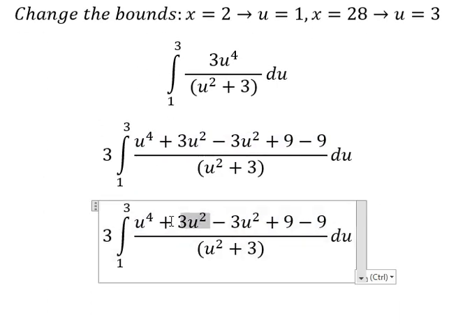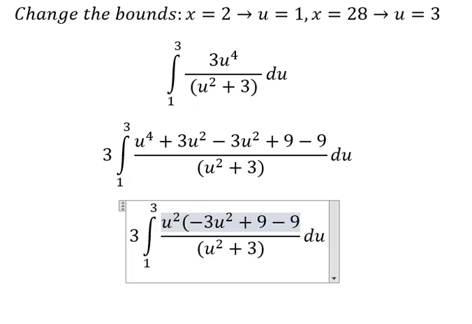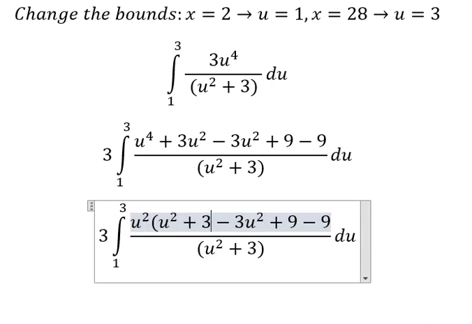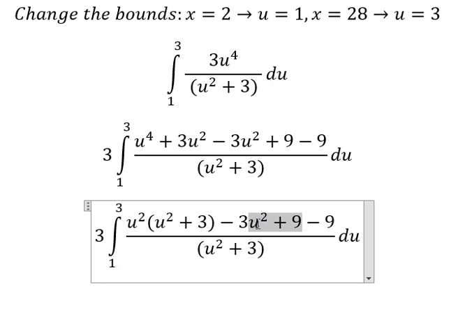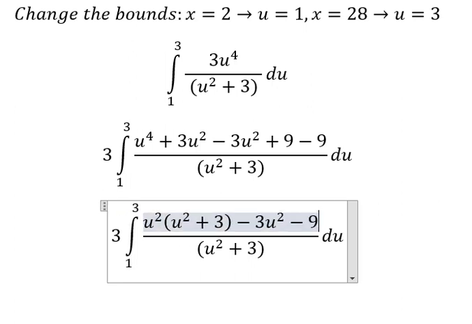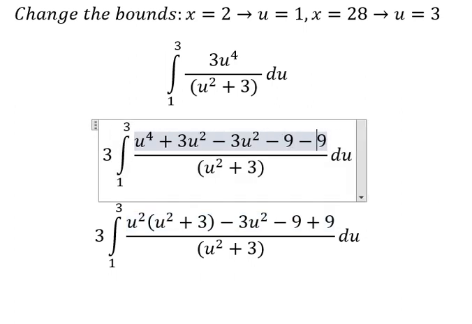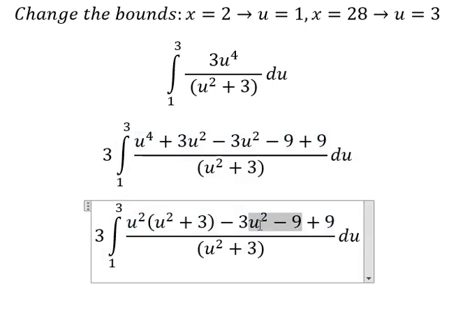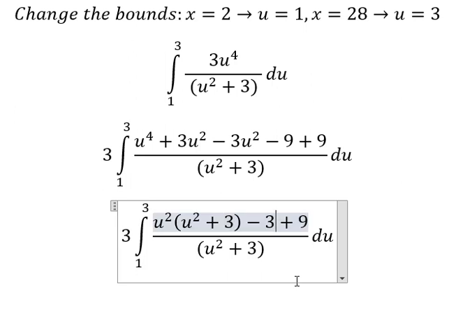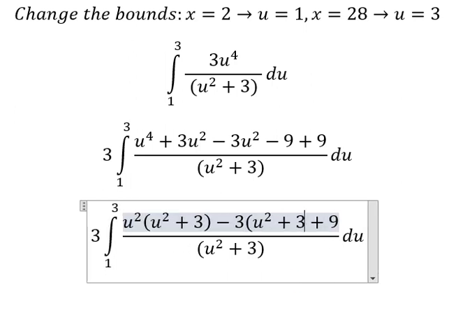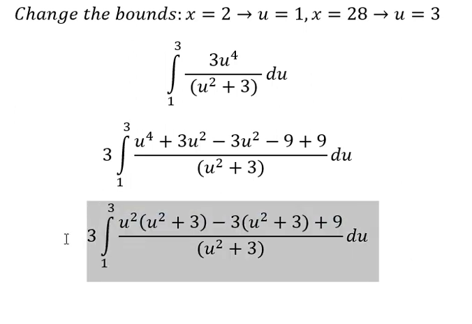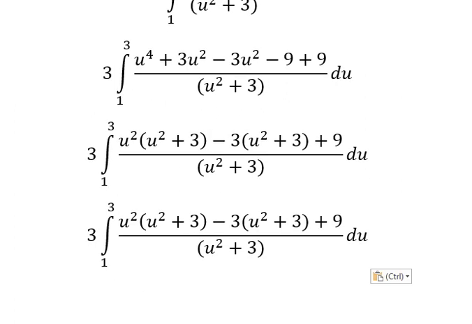So we can do factorization by u squared. Oh sorry, this one we need to put like this. Sorry about that. So we can do factorization by negative 3.